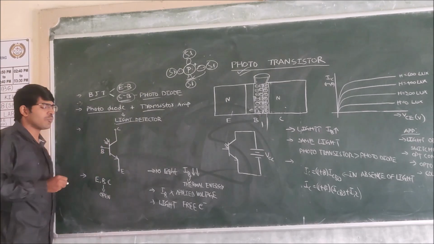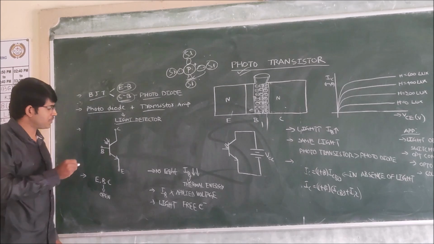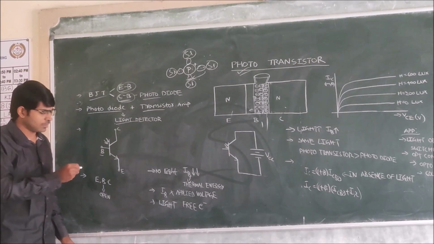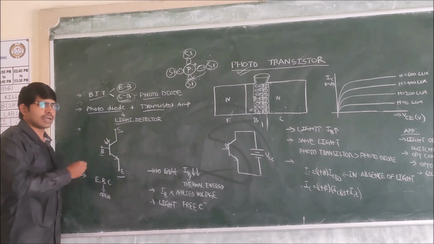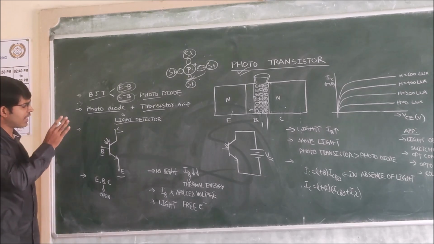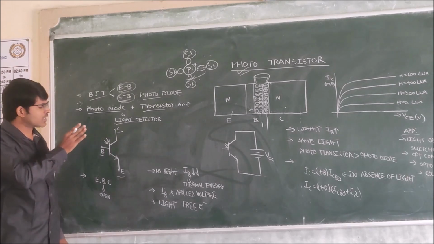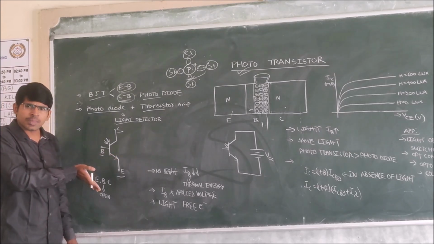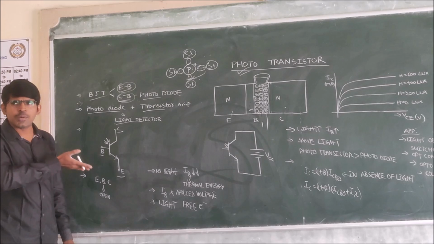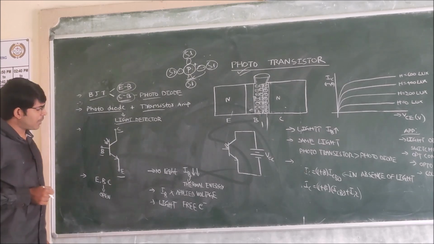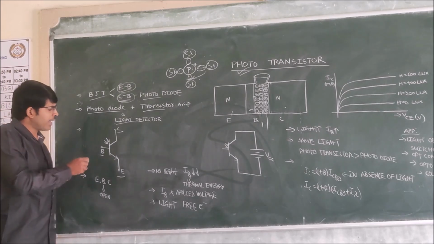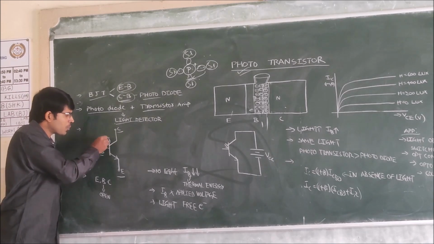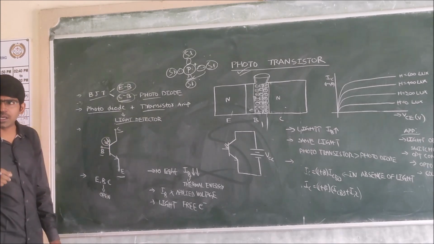This is the circuit symbol of the phototransistor. We have base, emitter, collector. It is looking like a normal bipolar junction transistor because the arrow of the emitter is outwards. It is indicating that it is an NPN transistor. But the only difference is here the inward arrows at the collector base junction.